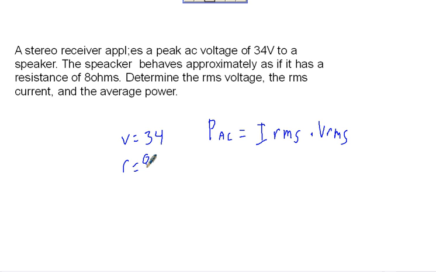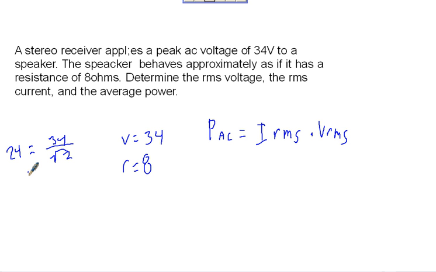We can get V RMS pretty easily by just doing 34 over square root of 2, which equals 24 point something, but it's so small that it doesn't really matter, so I'm not going to write it.